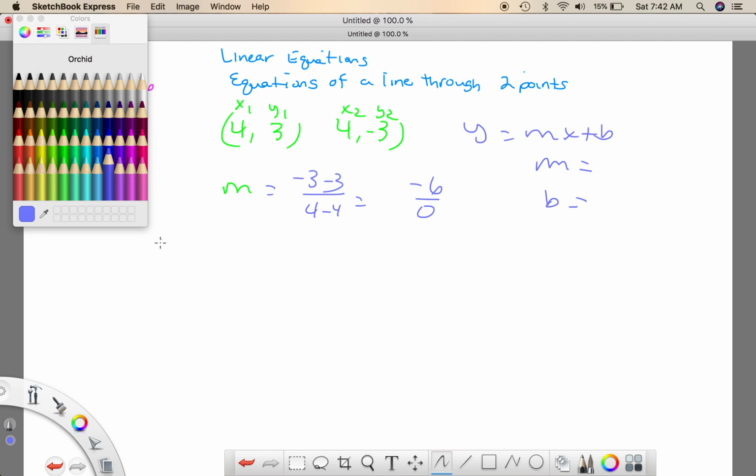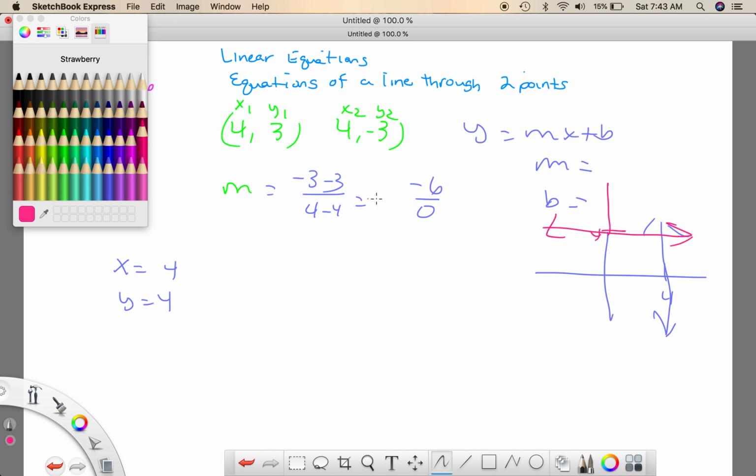We have two kinds of lines: x equals some number and y equals some number. x equals 4, we already learned, is a vertical line at 4. And y equals 4 is a horizontal line. So when we're doing the slope and we get, remember, we can't divide by zero, this is undefined, it's not 0.